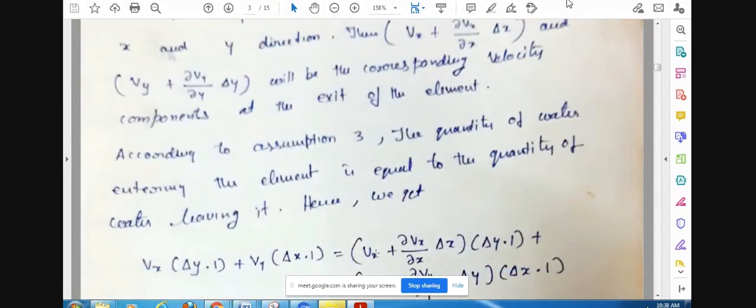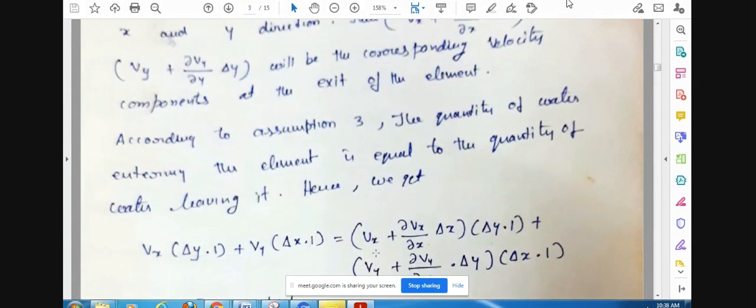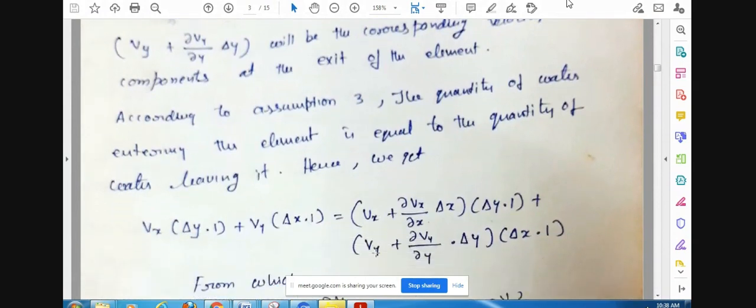So we have the assumptions. According to assumption 3, the quantity of seepage entering into the element is equal to the quantity of water leaving it. Hence, what is the quantity of water entering into the element? We know Q is equal to Va, that is, velocity into cross-sectional area.